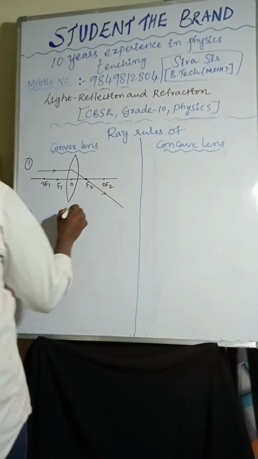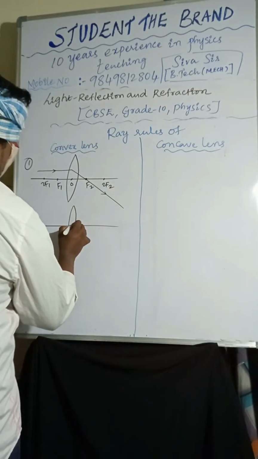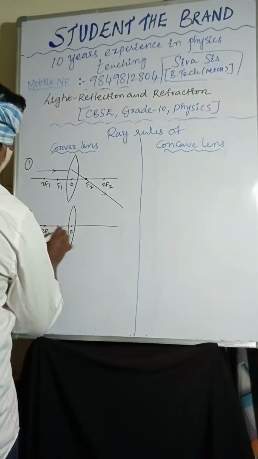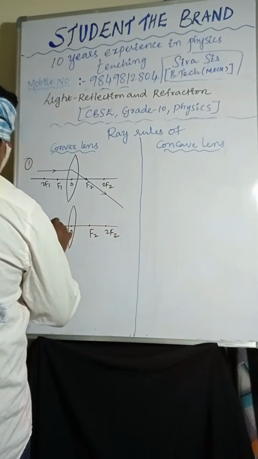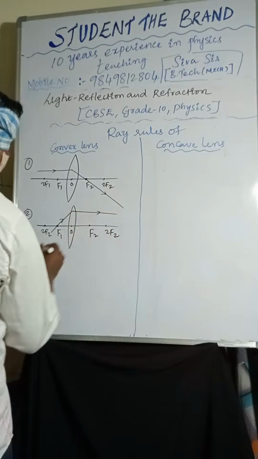Second one: light rays passing through the focus, after refraction, pass parallel to the principal axis.